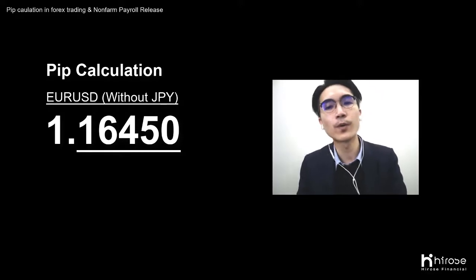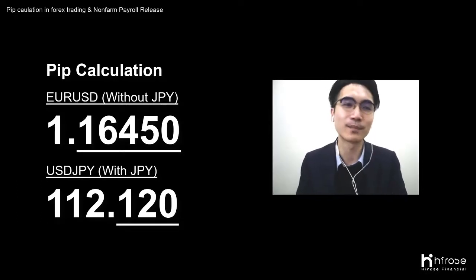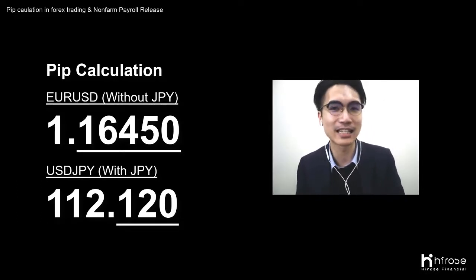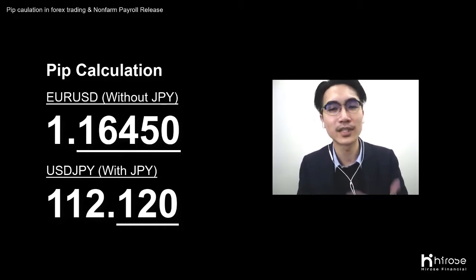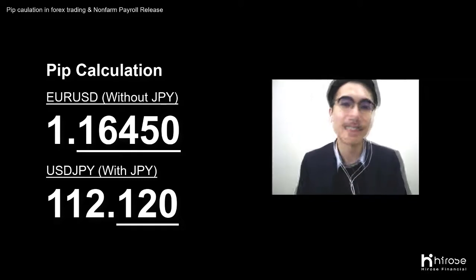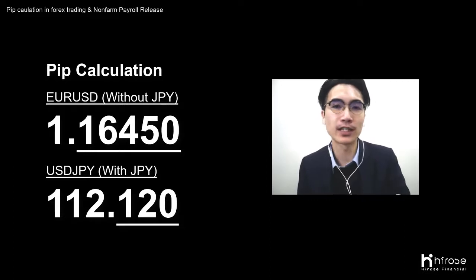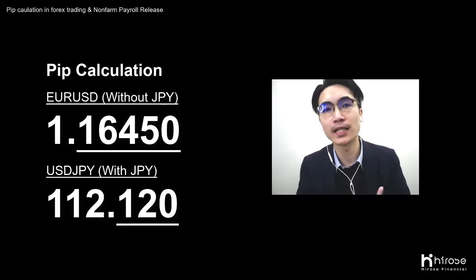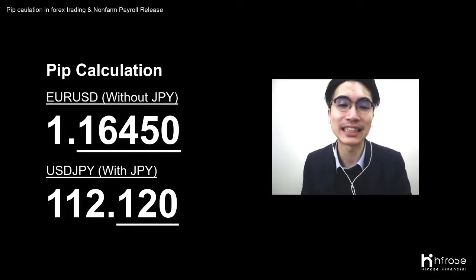And for the currency pairs with Japanese yen, for example US dollar and Japanese yen, those are gonna be displayed until 3 decimal places, which is the price here. In my understanding, for both of these two types of currency pairs, with Japanese yen or without Japanese yen, the pip can be calculated from the second last digit.